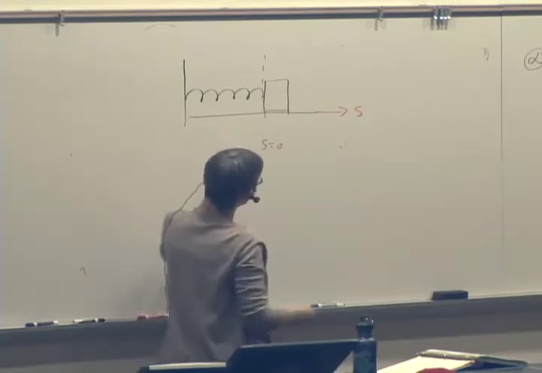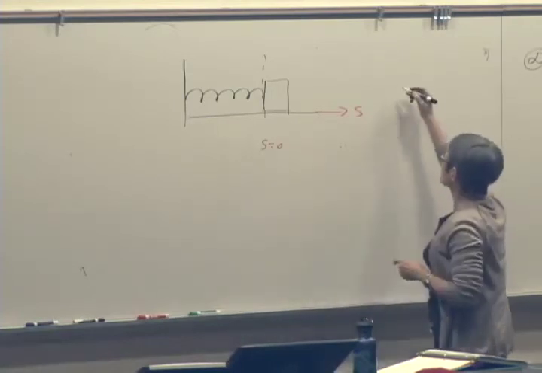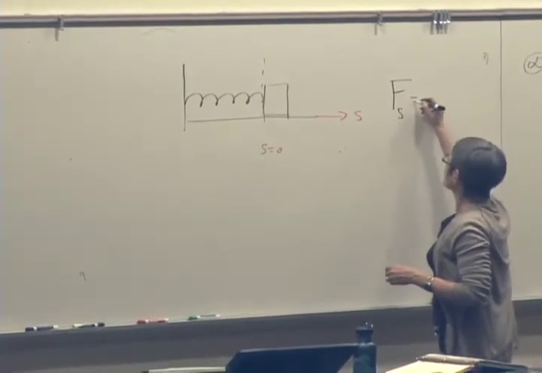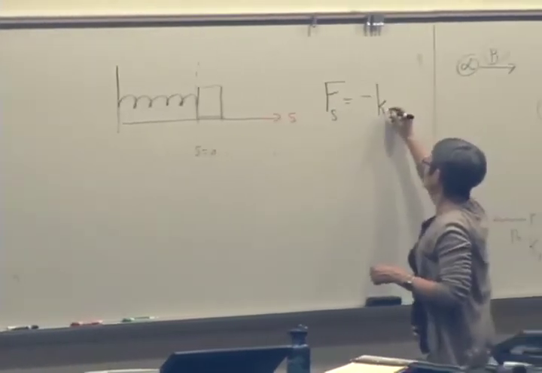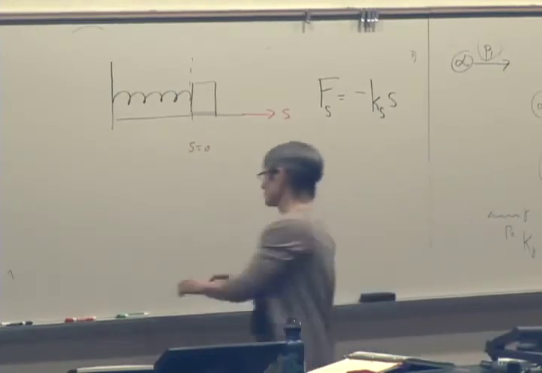In which case we can write the S component of the force by the spring on the block. The force in the S direction is minus the spring stiffness times the stretch. Let's see if that works out.